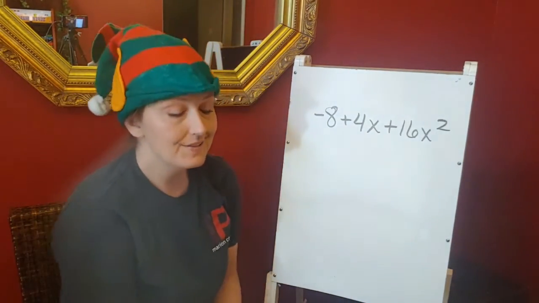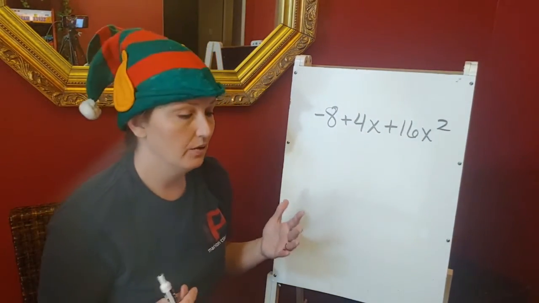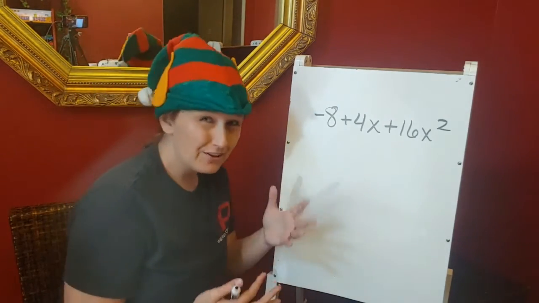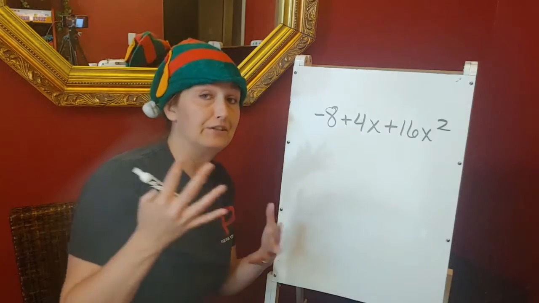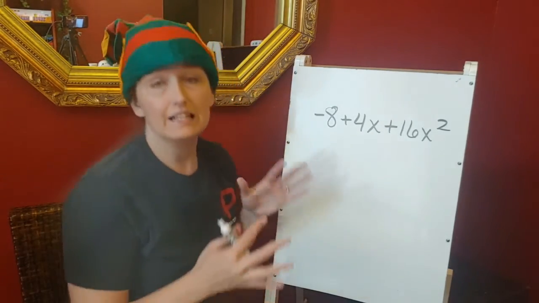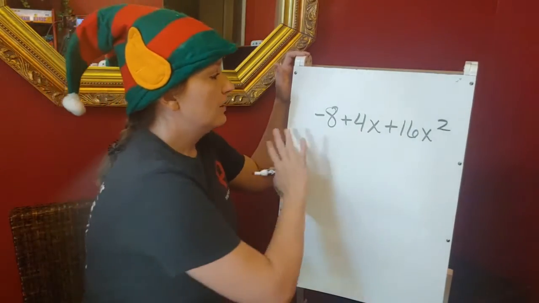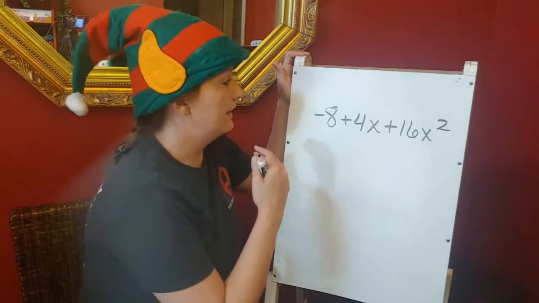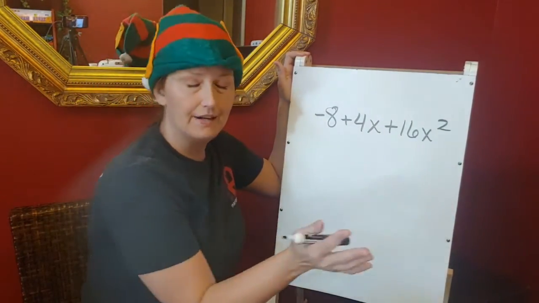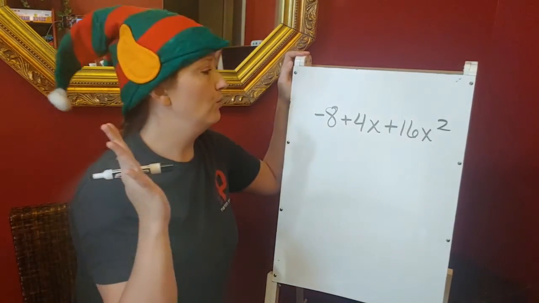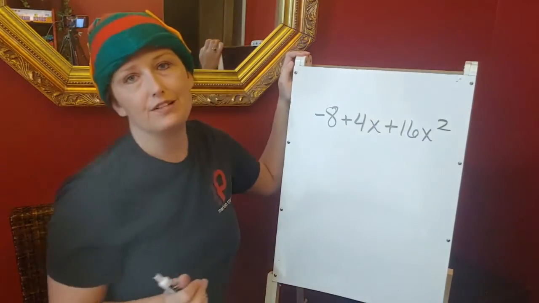On this last example, we're going to look at factoring when you don't factor out the greatest common factor first. How can you recognize that? How can you fix it? And work through the problem totally. If I'm looking at all three of these numbers, I automatically know they're all divisible by 2. I know that 2 will go into every one of these terms.